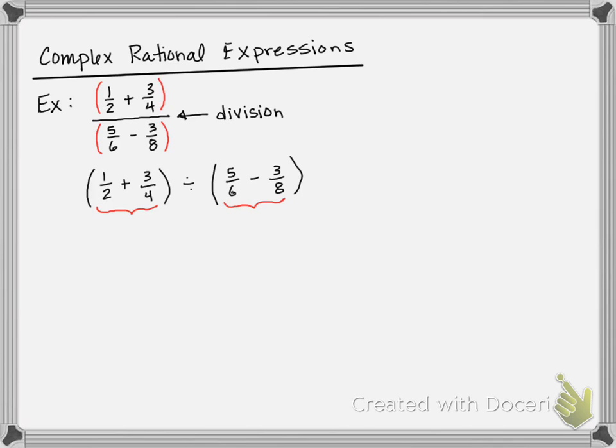So I need to get common denominators here. My LCM is going to be 4. So we have 2/4 plus 3/4, and that's 5/4.